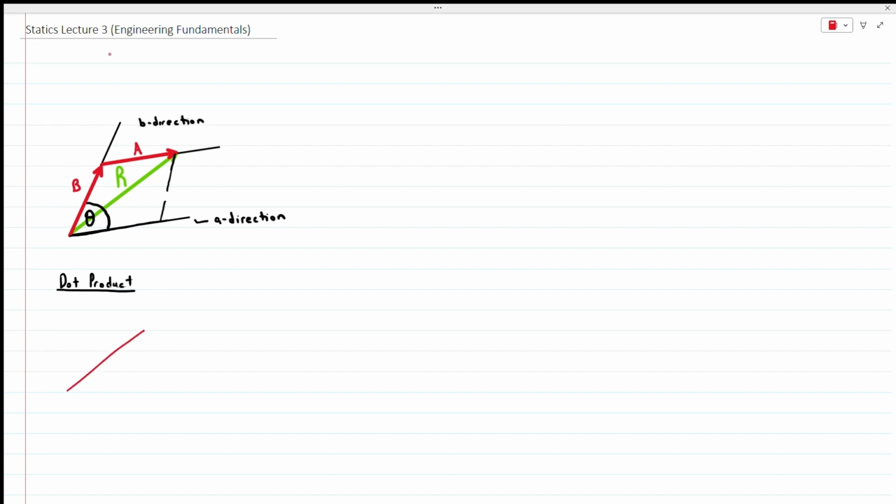Let's say we have a vector b and a vector a. What does it mean to take the dot product of vector b with vector a? Essentially, it's as if we took a flashlight.